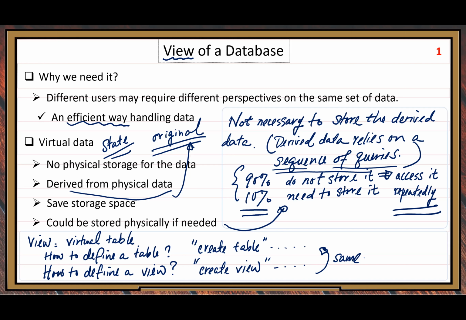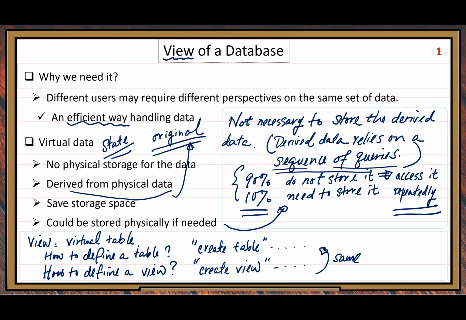When you run queries, you have a table view, and you can see the data in a table way. But that table way, that's the view. That part of data won't be stored physically.